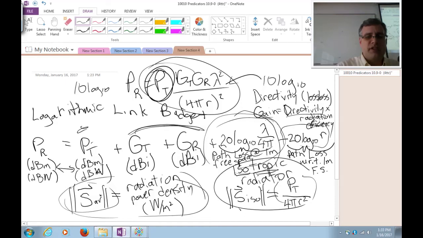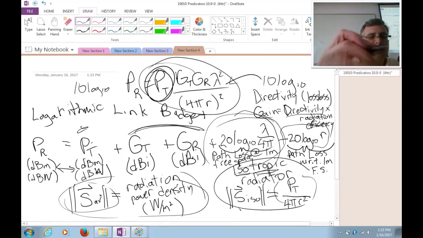And this is the part where you have to model. If you've got some additional losses, we'll talk about ways of modeling that. In fact, we can even add that to the link budget equation, additional losses after this term. I won't illustrate it here, but instead I'll just show the direct translation from the Friis free space equation.